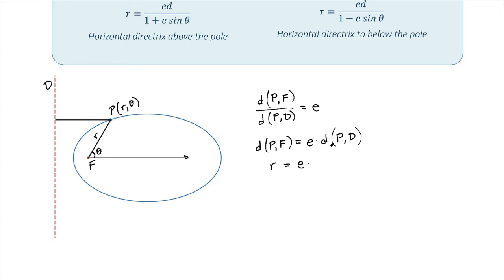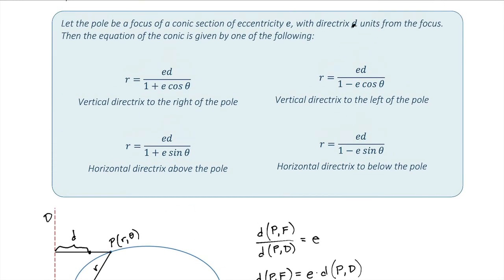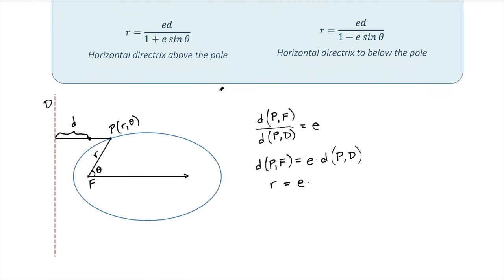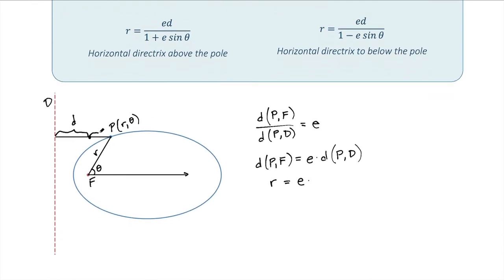times, and now this distance from P to D we need to get. If we look at this point that's directly above the focus, we know that this distance right here, we're going to call that D. The distance from the focus to the directrix is D. That's what we set up here. Now this distance right here, we can actually see is part of a triangle.